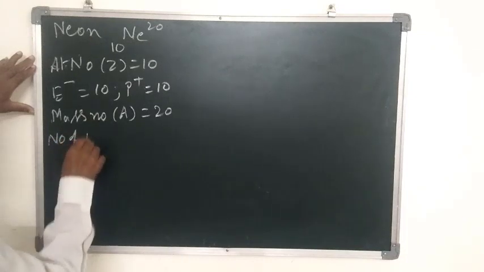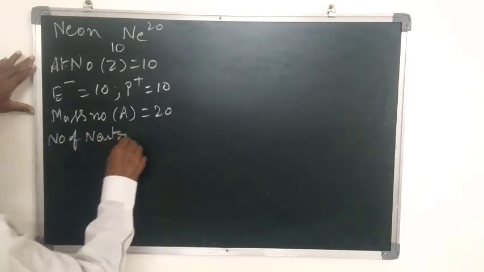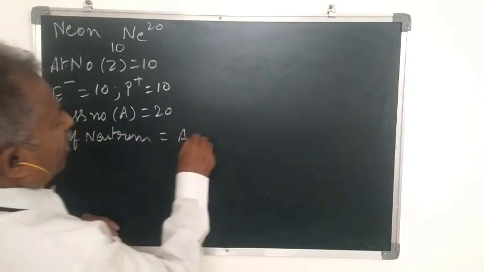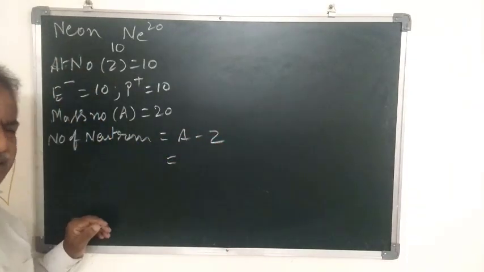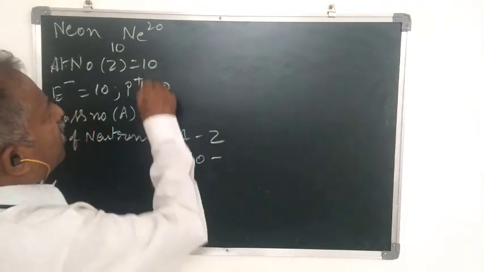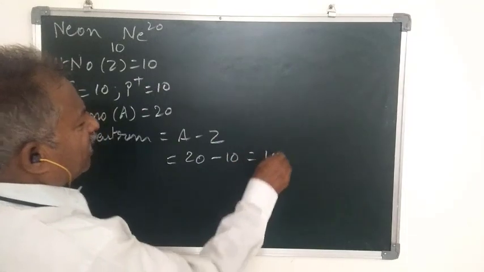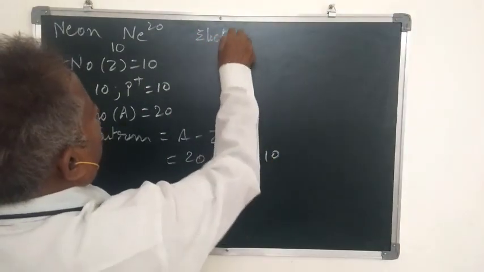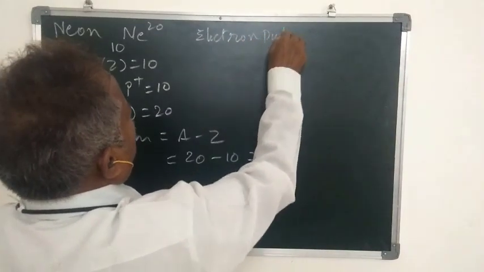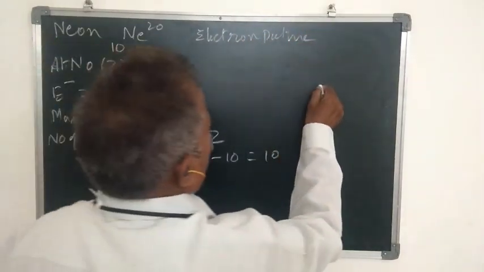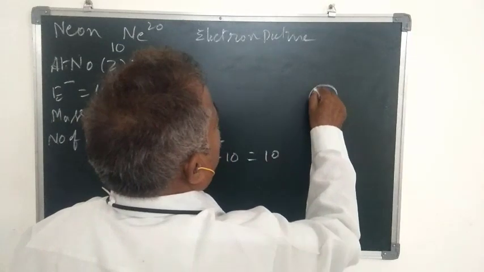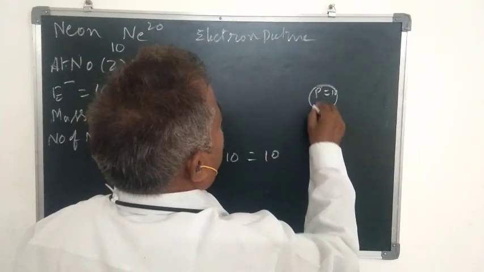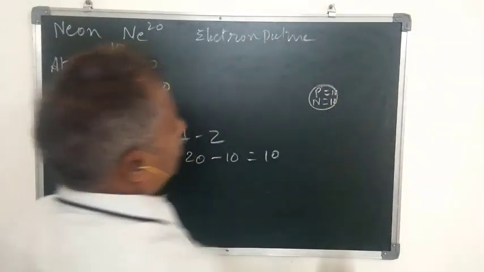Number of neutrons equals A minus Z. A is 20, Z is 10, so it is 10. Now, electron picture. So nucleus of neon: number of protons 10, number of neutrons 10.